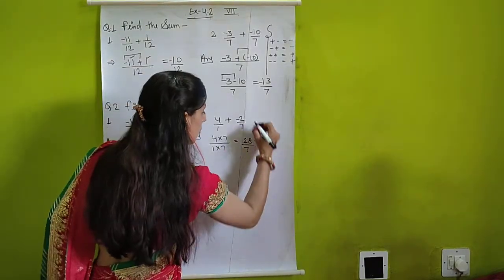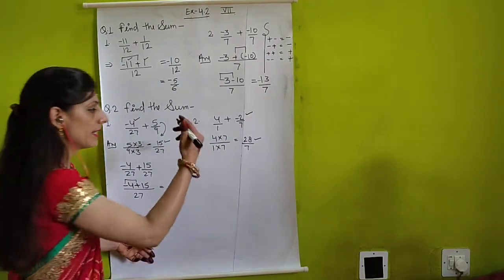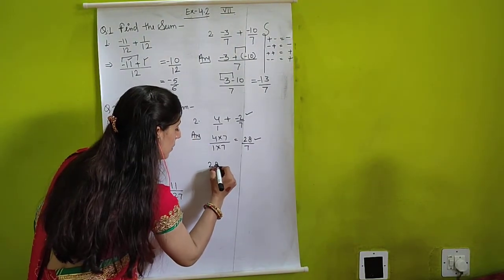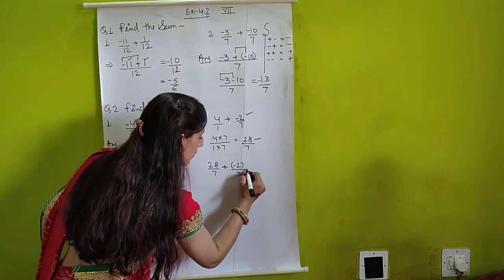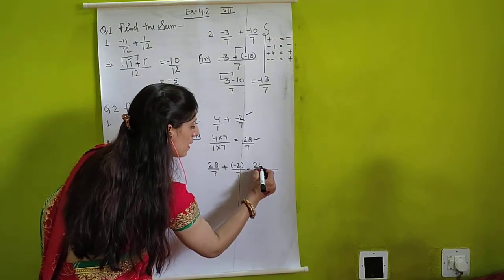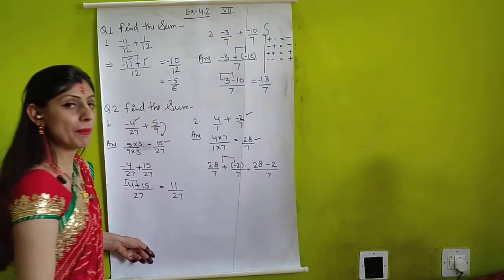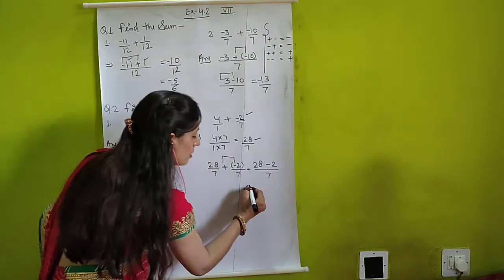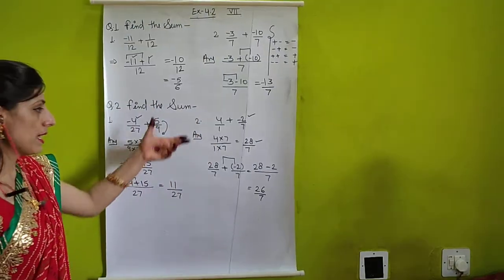Now this is 28 upon 7 and this is minus 2 upon 7. Again the denominators are the same. Directly we can add. Here 28 upon 7 plus minus 2 upon 7. Then 7 will be your LCM. Then directly 28 minus 2 will come, because plus minus will be minus. Now 28 minus 2 will be 26 upon 7. This is your answer, student.